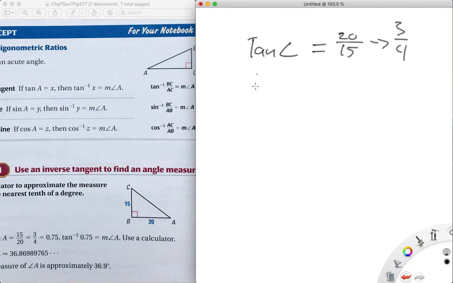So I can inverse tangent both sides, and I can say that angle C is equal to the inverse tangent of 4/3.